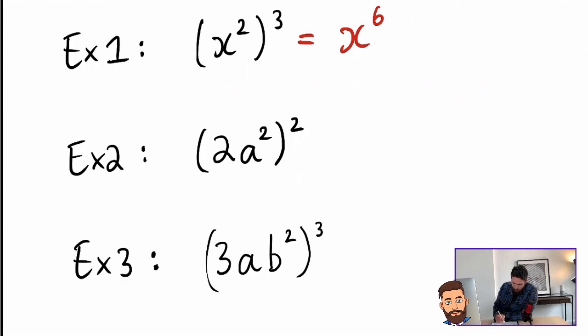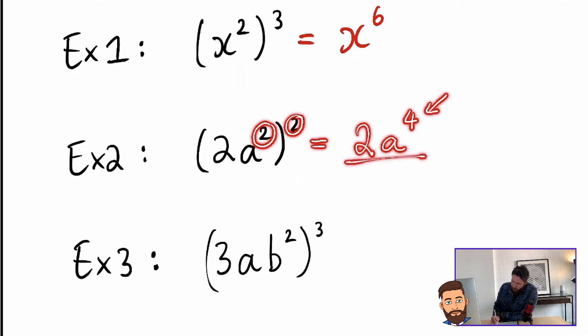So don't copy this down, but this is what students do. They say, right, we've got 2a squared and we're raising it to the power 2. And they know the law, they actually remember the law, I need to multiply these powers together. So they end up with this answer. They say, right, I've got 2a to the power 4, because 2 times 2 is 4, and that's what they write. This is only half correct.